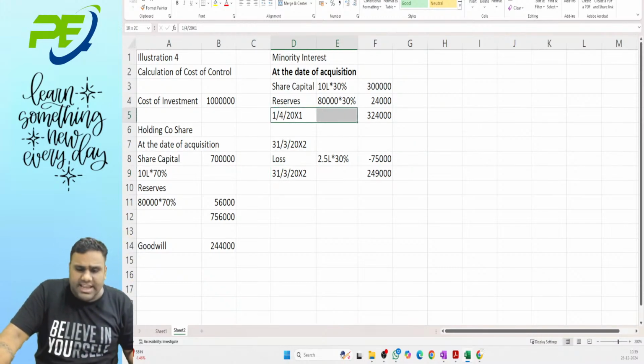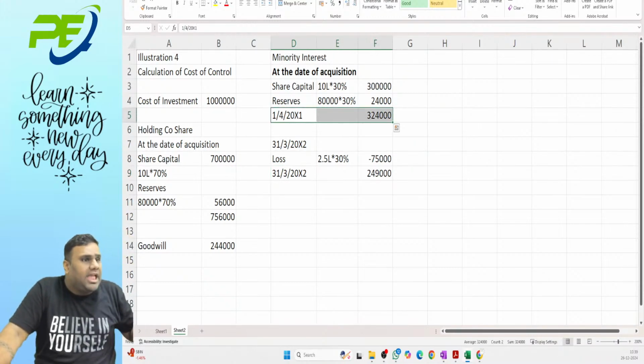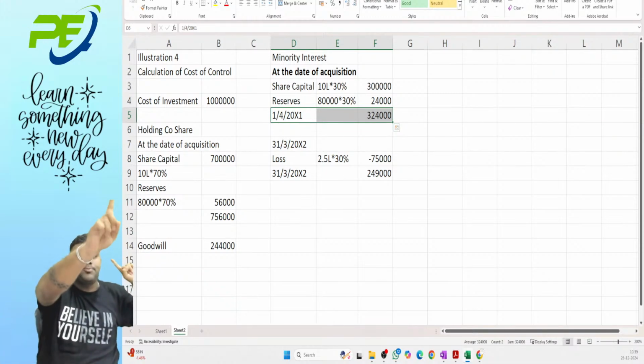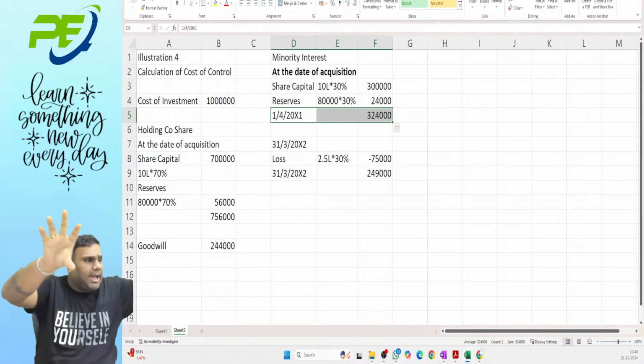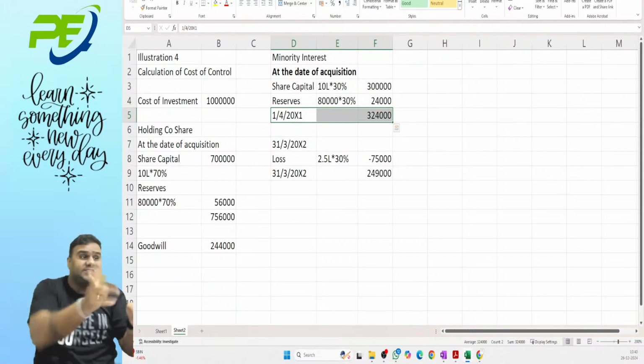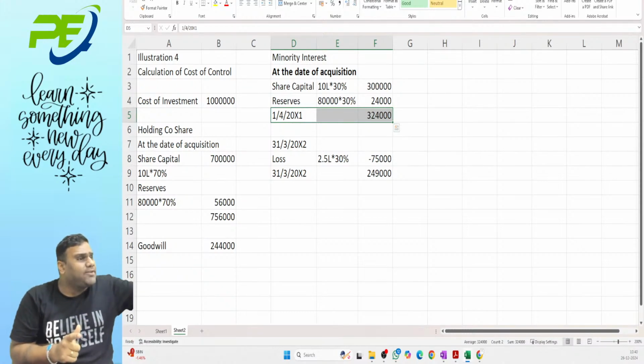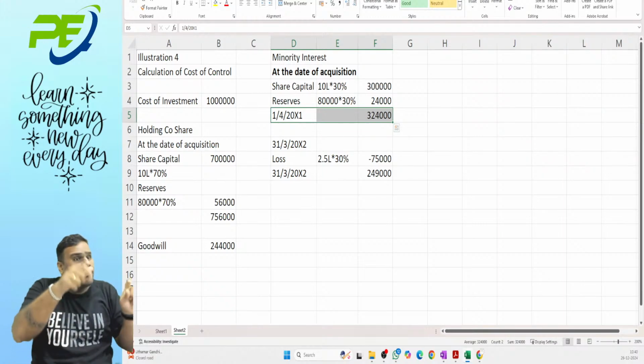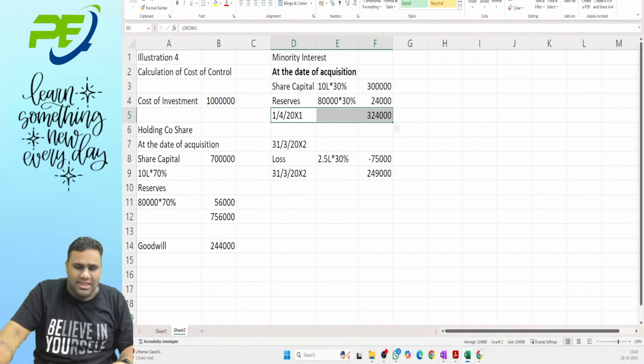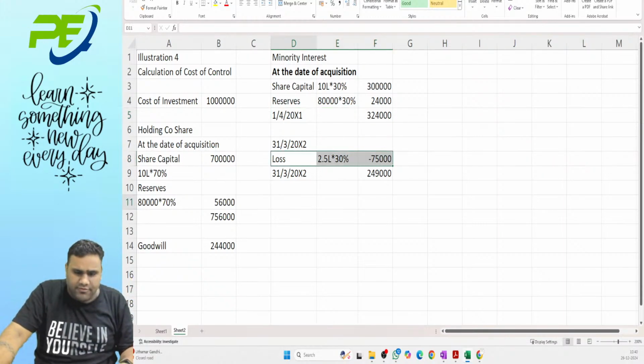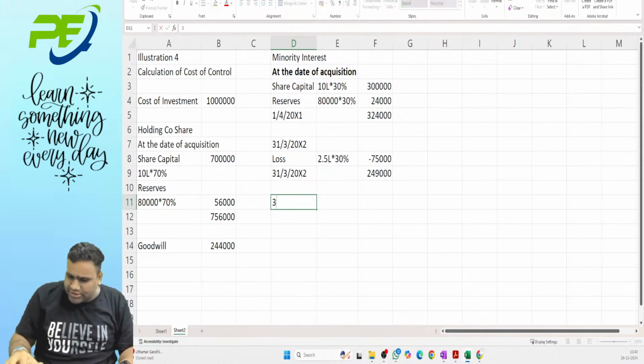The minority interest at the date of acquisition was this. And guys, in yesterday's first problem, we took share capital and pre-acquisition and post-acquisition. Pre-acquisition was constant every time. Only post-acquisition profits are changing. So this is the post-acquisition profit. Now 31st March 20x3 is over.